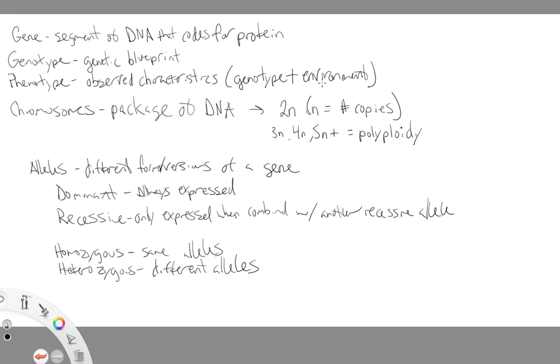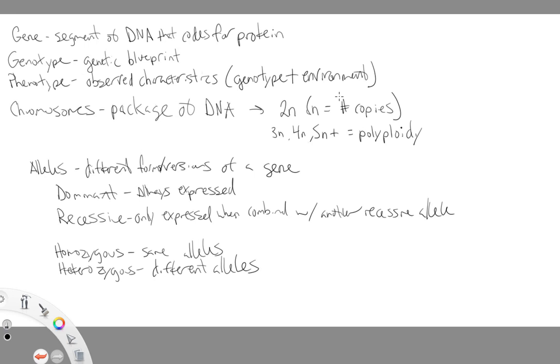A gene is a segment of DNA, and that DNA is packaged into what we refer to as chromosomes. Most organisms have two copies of each of their chromosomes. We refer to this as 2n, with n being the number of copies. For instance, humans have 46 chromosomes: 23 individual chromosomes, and then a second copy of each.